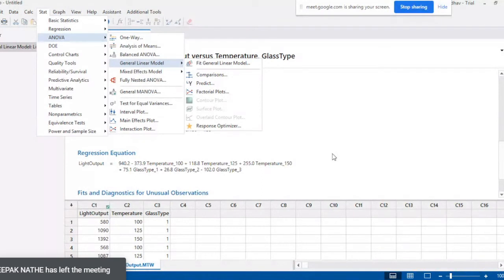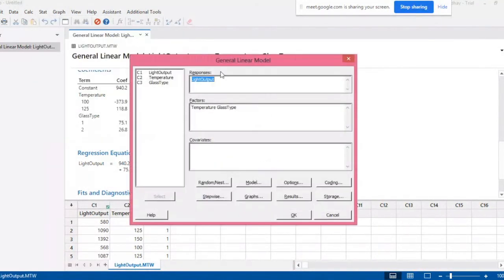How to set the parameters in the dialog box? Here the response is your light output and the factors are your temperature and glass type. Okay, sir.